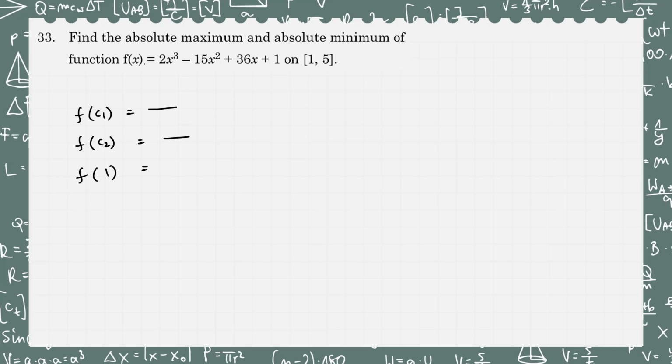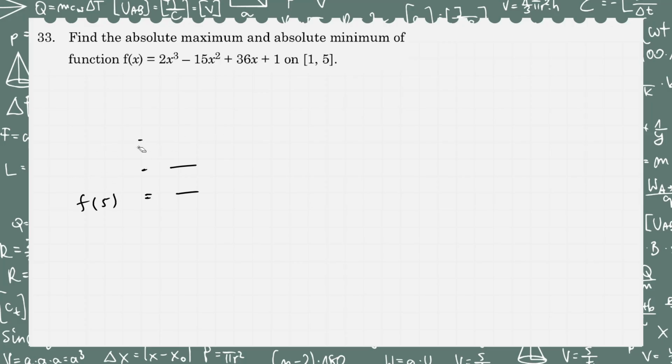Okay, f of x at the end points of the given interval 1, 5. So f of 1 and then f of 5, and then among the 4 values, whichever is our minimum value, we will keep that as our absolute minimum, and which one is the maximum, we will keep that value as our absolute maximum. That's the procedure. Hope you remember.